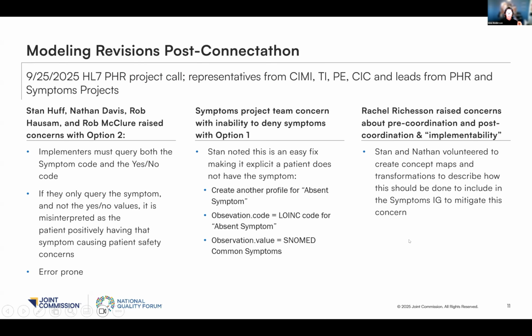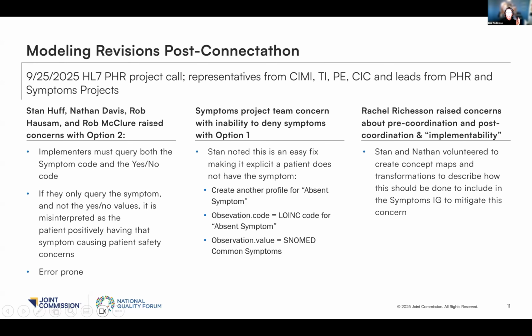So they wanted to help navigate whether, if we're using a SNOMED answer list, we can also use a LOINC answer list, and then look at how they can get the codes we have in our SNOMED CT value sets into the IPS extension. Patient empowerment was there because they're the sponsoring work group for the personal health record project, and they're one of my co-sponsors. CIC, who's my sponsoring work group, had representation, and then myself and some others.